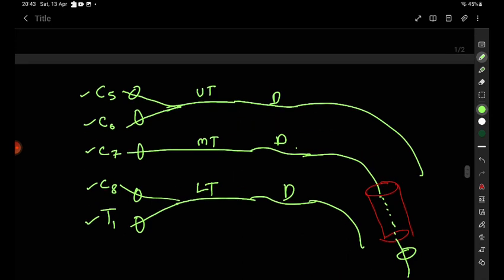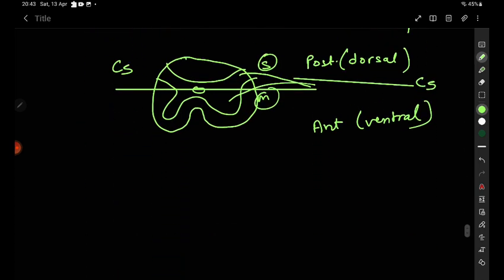And a very famous mnemonic to remember these is: Ramu Taylor drinks cold beer. So from R there are roots, then there is formation of trunk, then formation of division, then formation of chords, and finally branches come out from these chords.